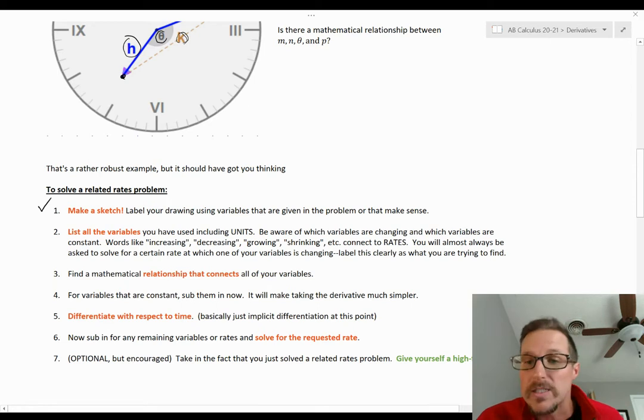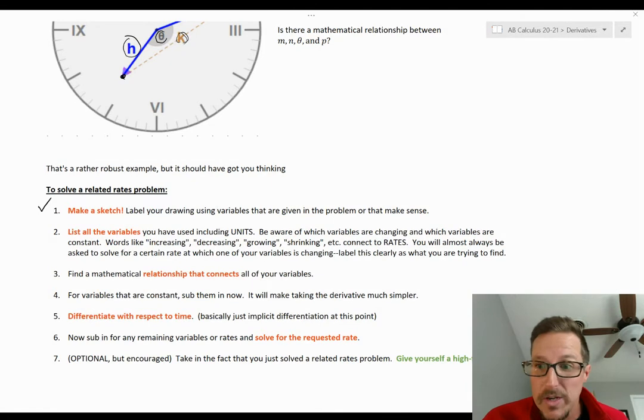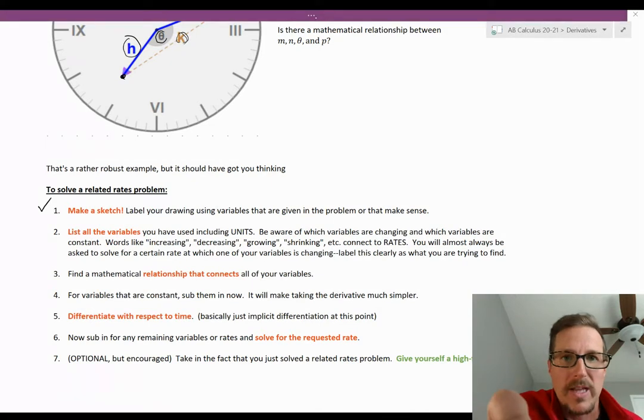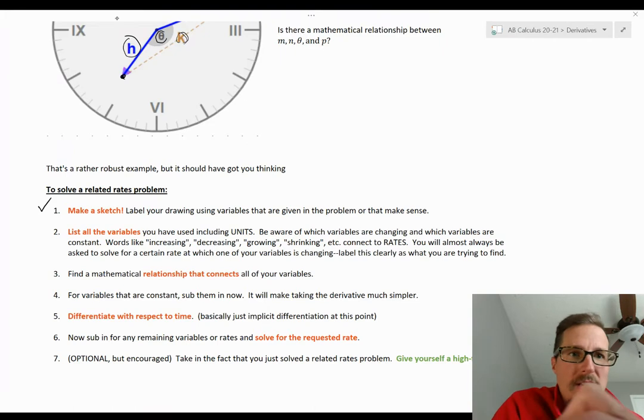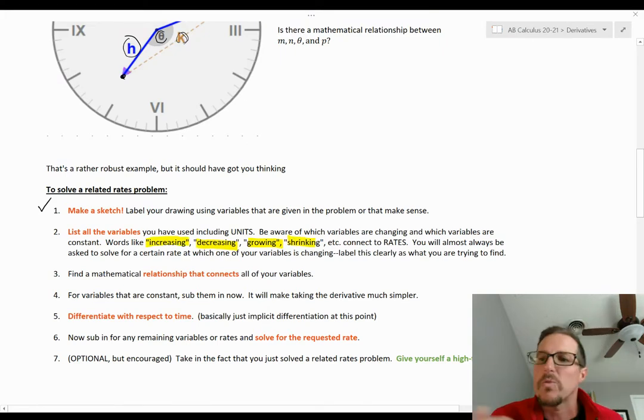And then we want to list all the variables that are being used, including the units, right? So think about the things where the problem is saying increasing and decreasing and growing and shrinking. Like these words are all connected to rates of change. So look out for those.